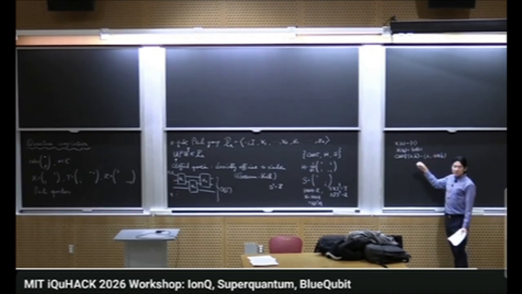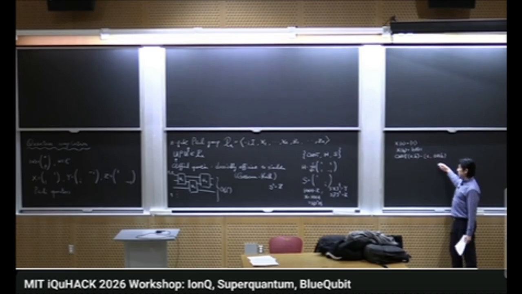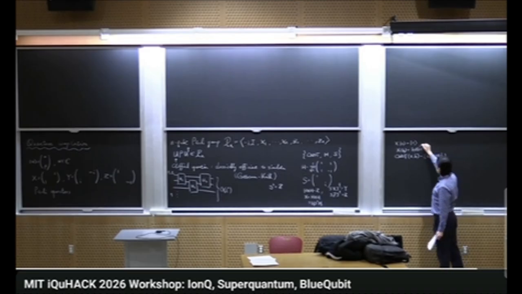So basically the Clifford group only gives you the ability to compute these linear functions. XOR is basically just addition modulo 2.